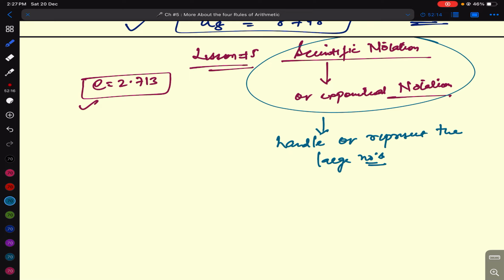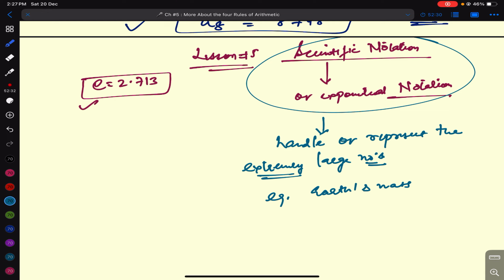Okay, so it's a handy way of managing extremely large numbers. For example, Earth's mass, and also this is extremely large or extremely small numbers as well.